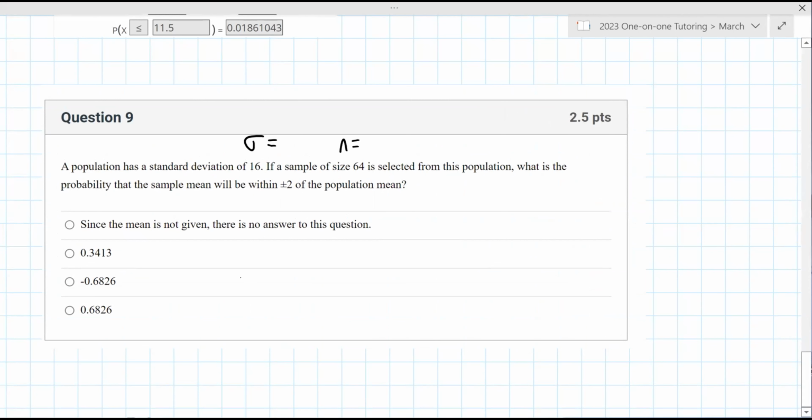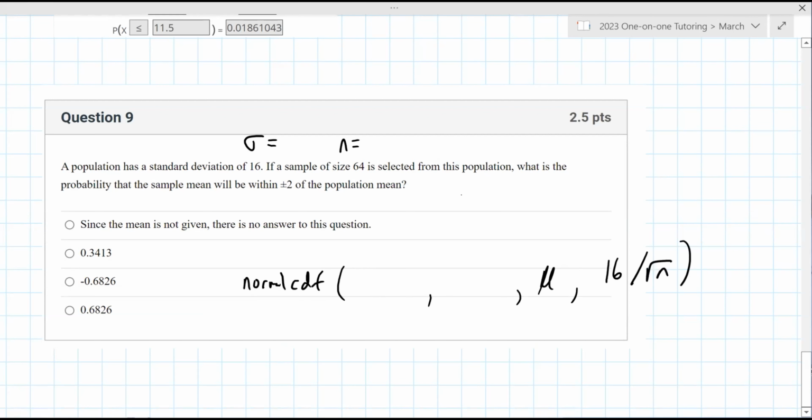So this is again a normal CDF, but the problem is we don't know the lower and the upper, which is bad. Normally we're given those, and then we put in the mean, which we don't have, and the standard deviation, which you have to divide by the square root of n.